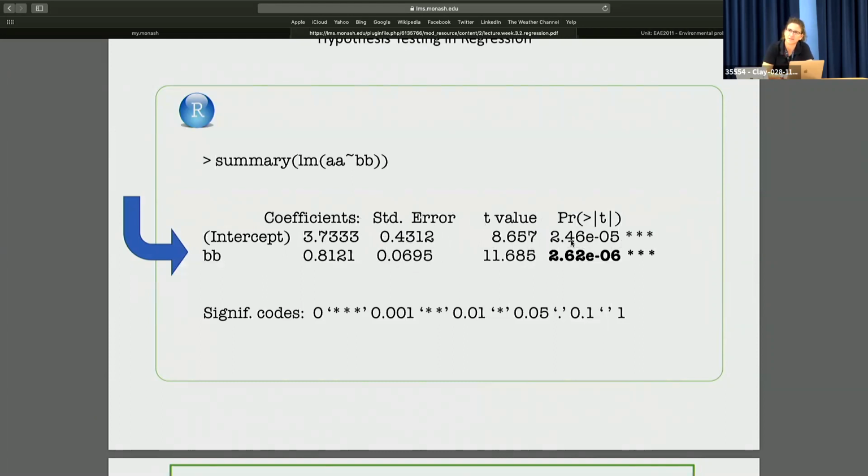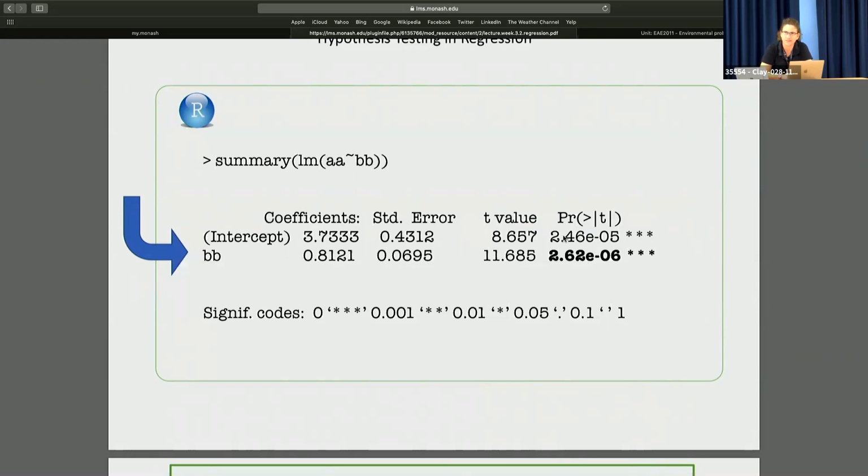And the probability of me claiming this value is different to 0 and being wrong in my claim is 0.00246. So it's tiny, much smaller than 0.05.